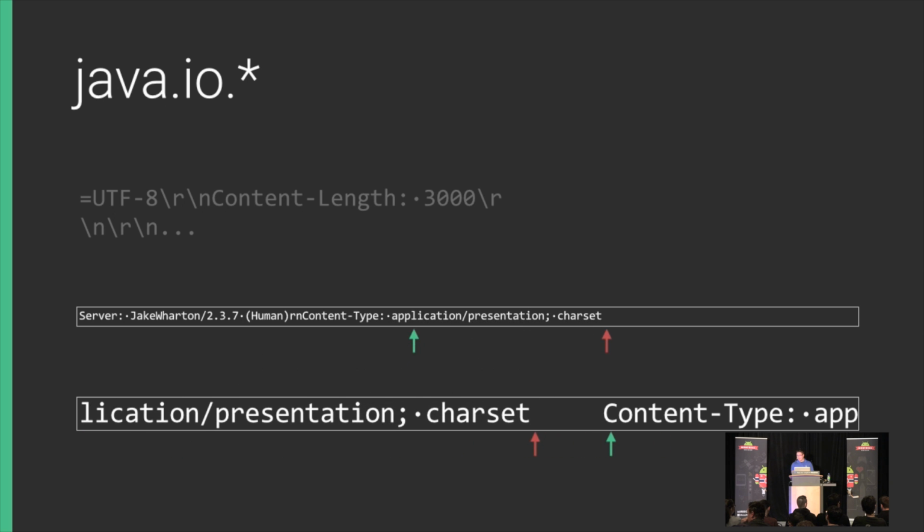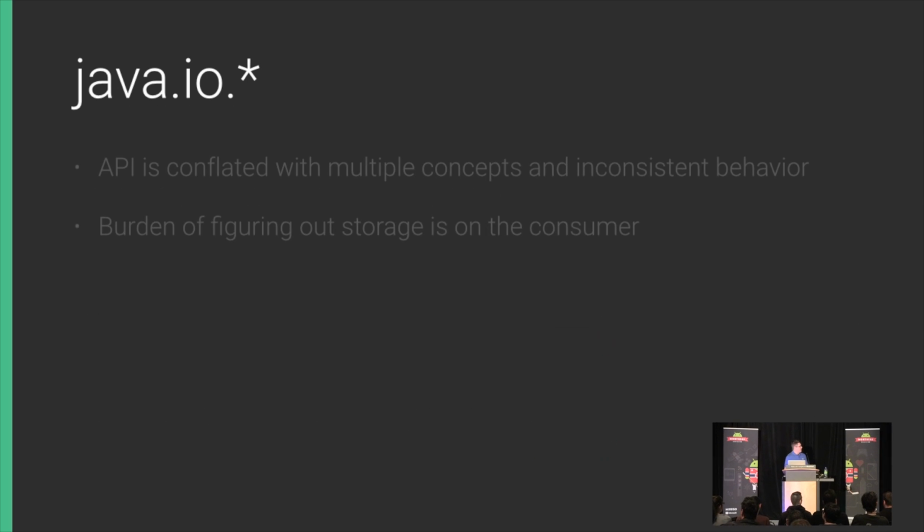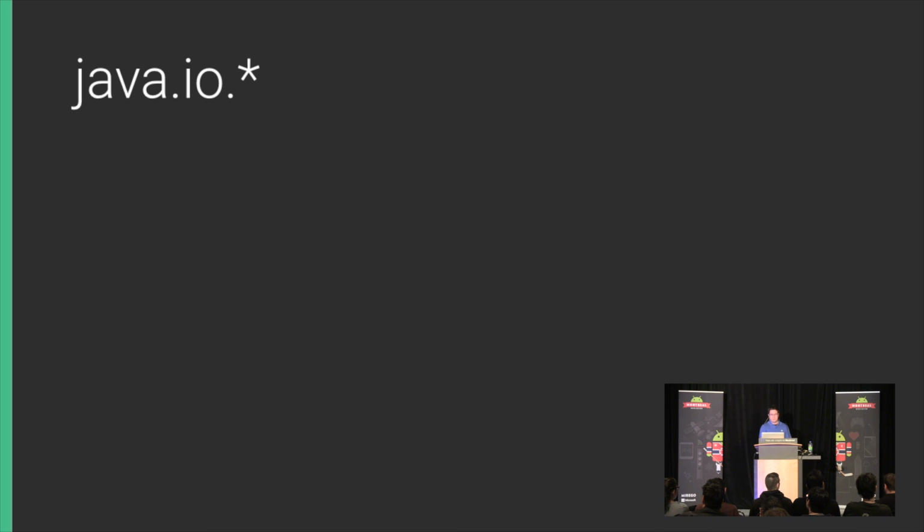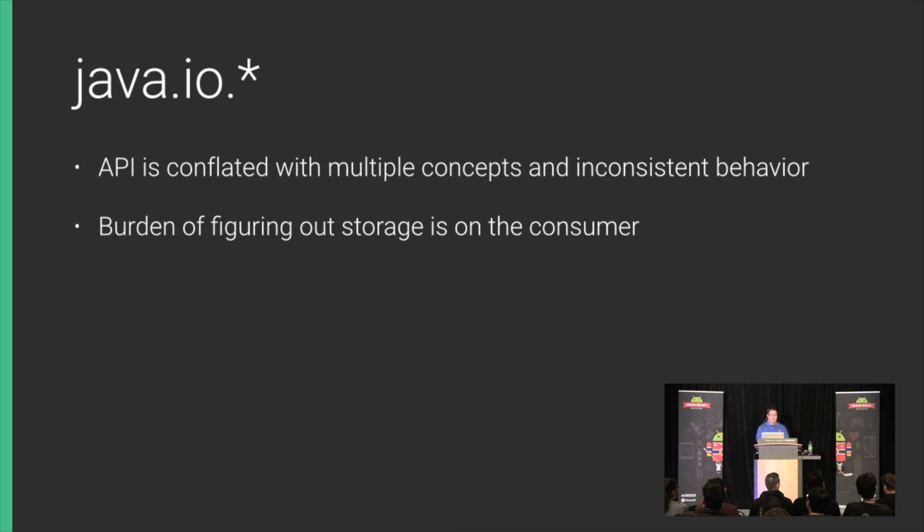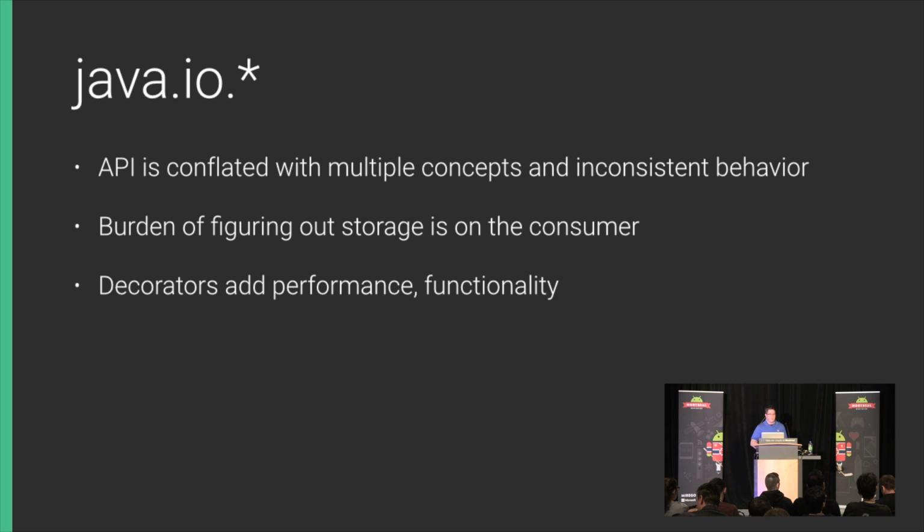However, we're going to run into the same problem where because we brought our own byte array that was inappropriately sized, we still can't fit a header in a whole buffer. So while you have this ability to decorate your input streams with, say, a buffered input stream or potentially one that's doing gzip, you're still having to figure out storage yourself, the byte array.